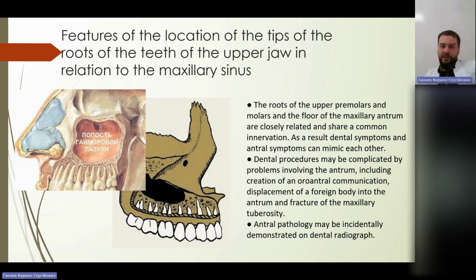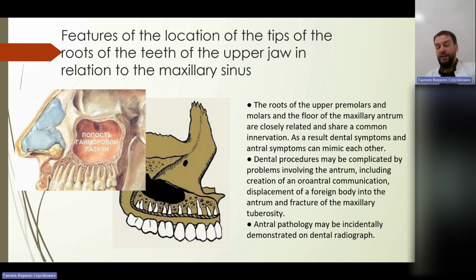So we talk about upper premolars and molars, and the floor of the maxillary antrum are closely related and share a common innervation. As a result, dental symptoms and antral symptoms can mimic each other.